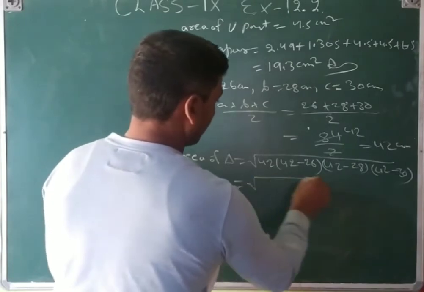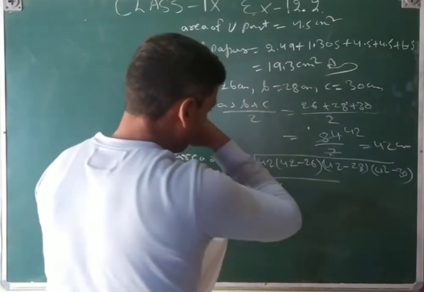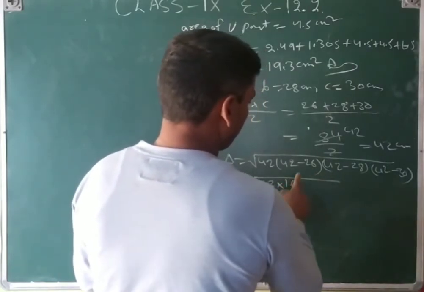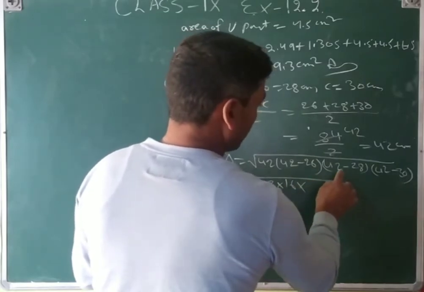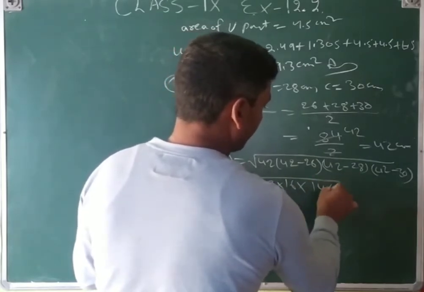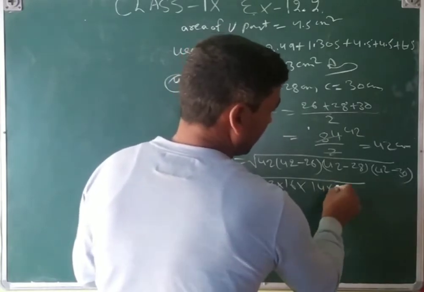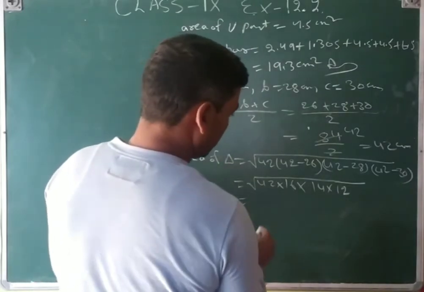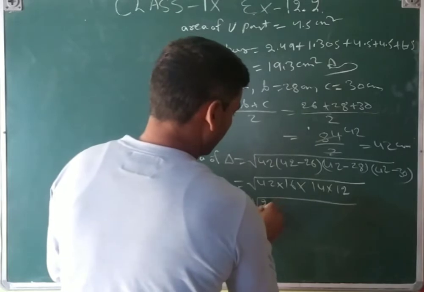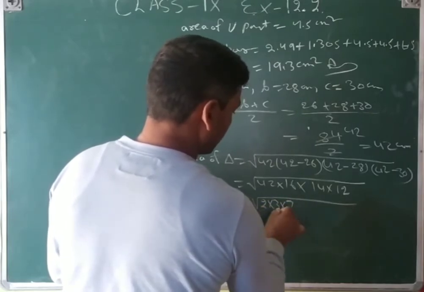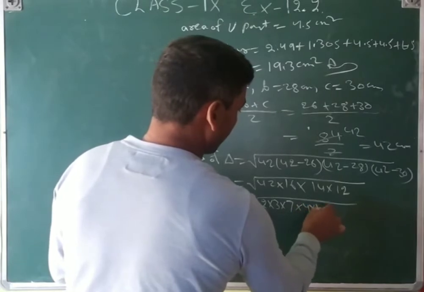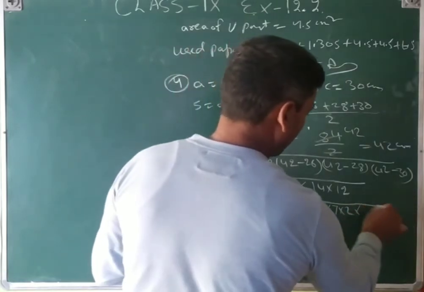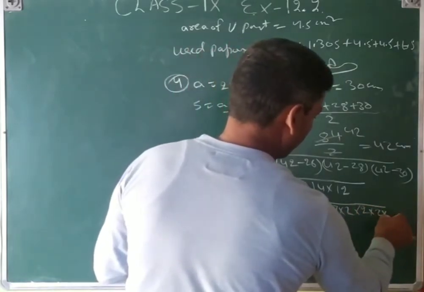So 42 into 16 into 14 into 12. Then we factorize: 2 into 3 into 7, 4 into 4, 7 into 2, and 2 into 2 into 3.